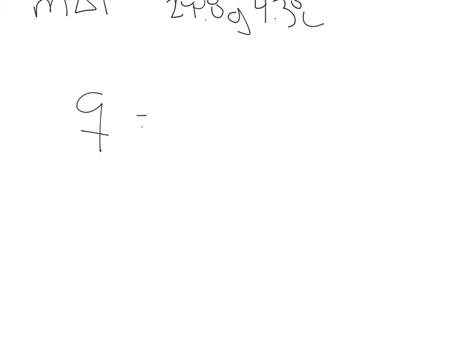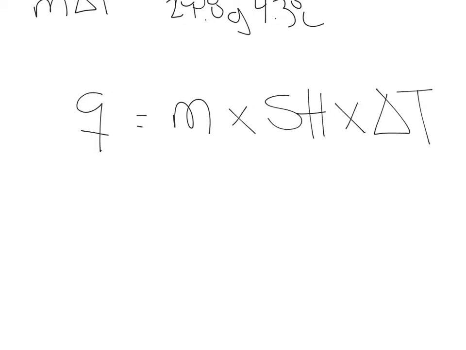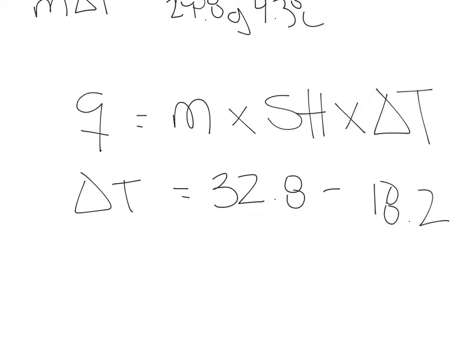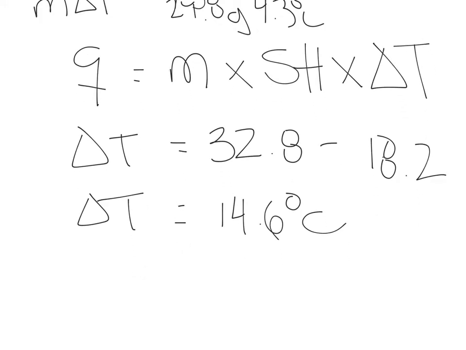Q is equal to m times specific heat times delta T. Delta T is going to be final minus initial, which is 32.8 minus 18.2. Delta T is equal to 14.6 Celsius.